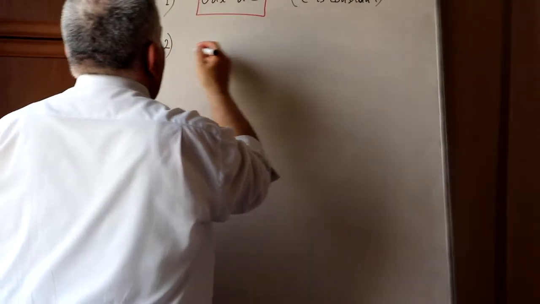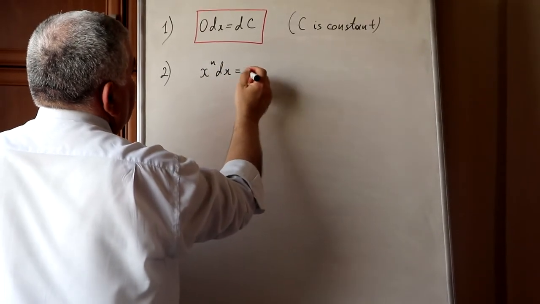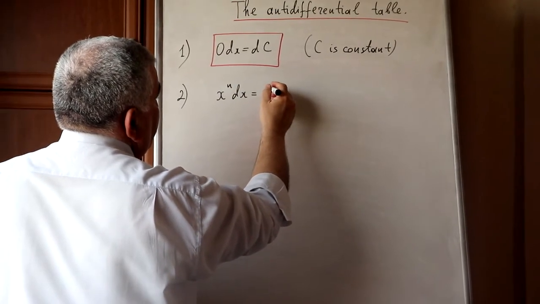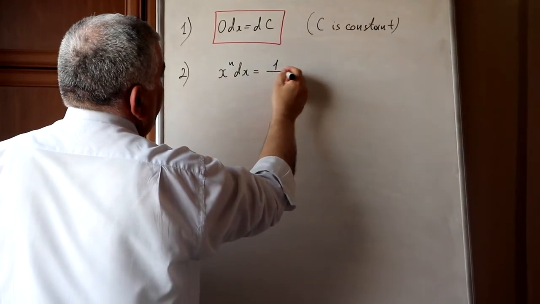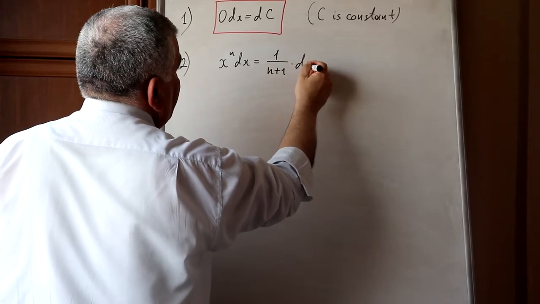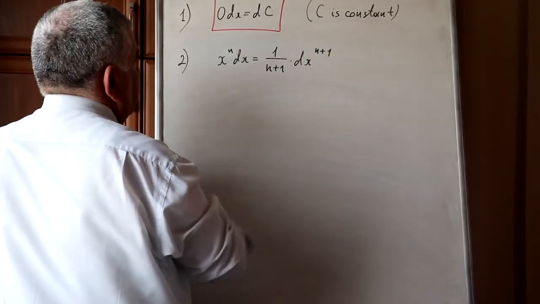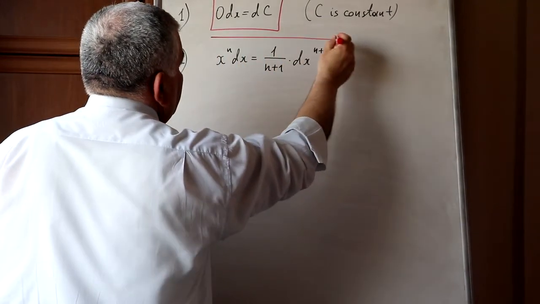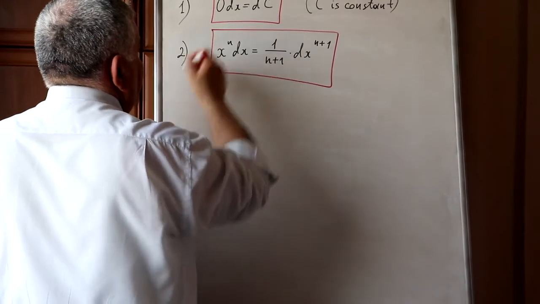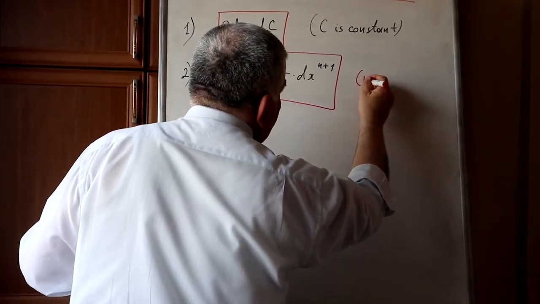Second, x to n dx is 1 over n plus 1 multiplied by d of x to n plus 1. Here n isn't equal to minus 1.